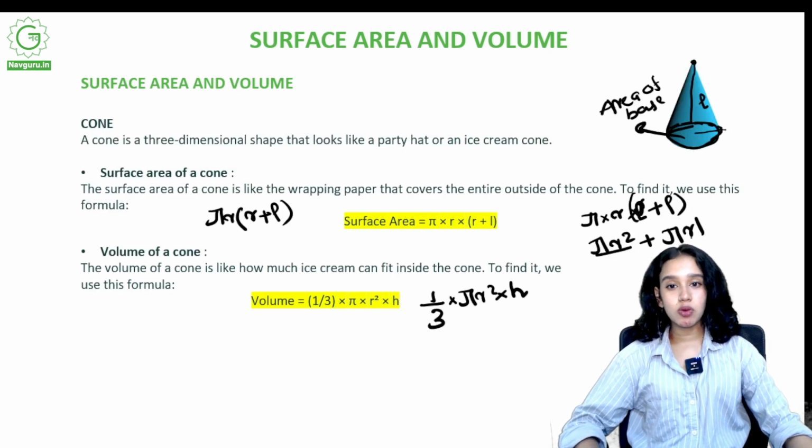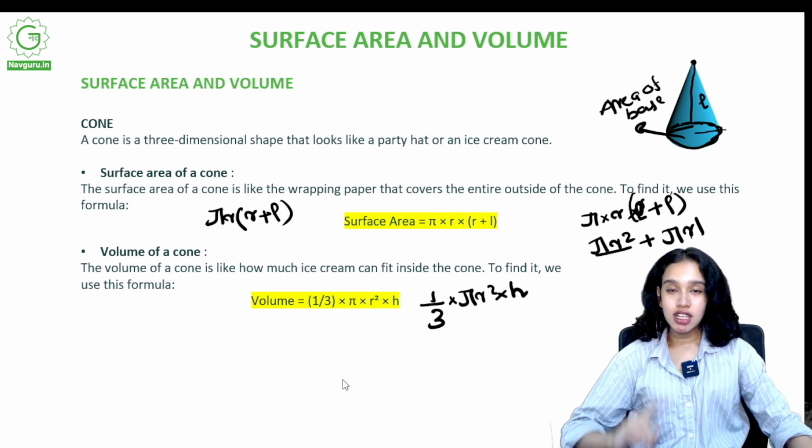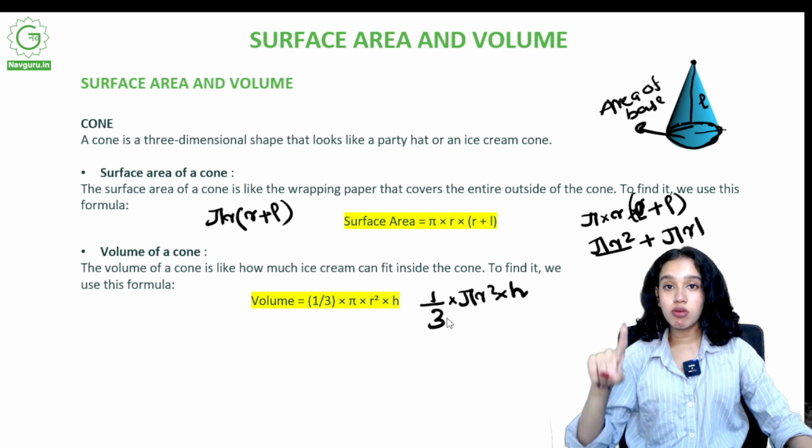Now have you noticed what the volume of a cone is? It's basically 1/3 of pi r square h. So what does it say from here? The volume of a cone is 1/3 of the volume of the cylinder.